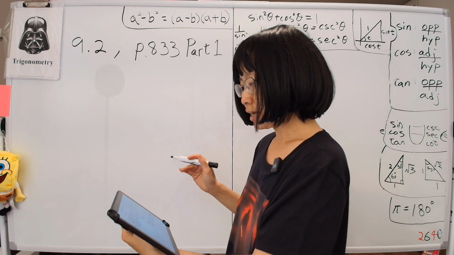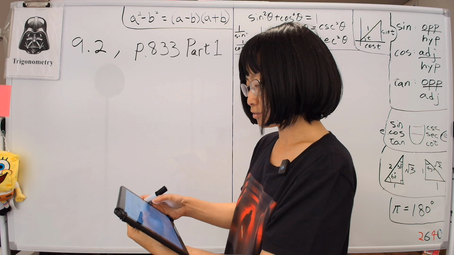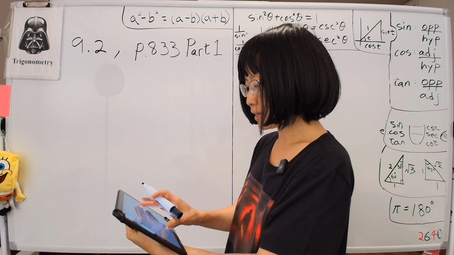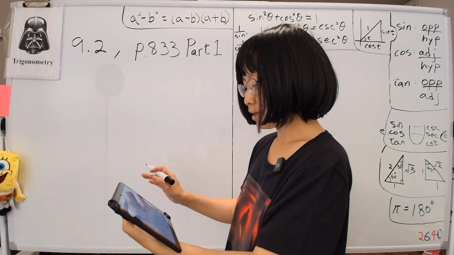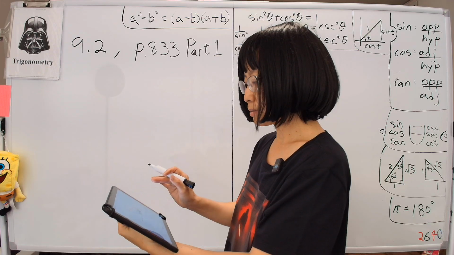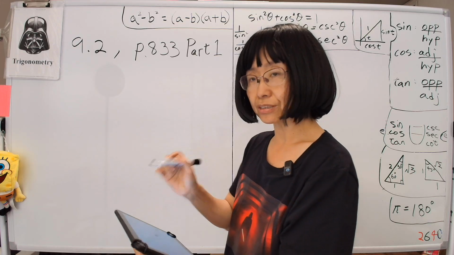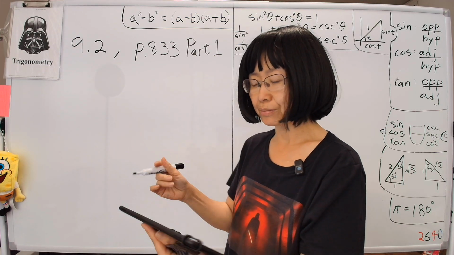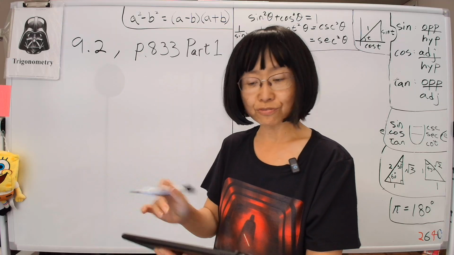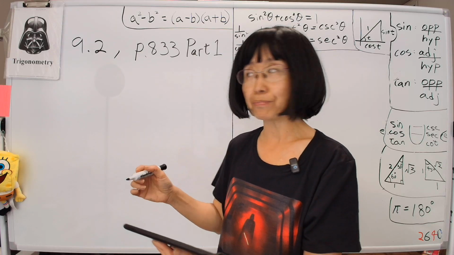So anyway, to prove this, we're going to draw this picture where we have two angles, alpha and beta, and we're proving the difference formula, that is cosine of alpha minus beta.